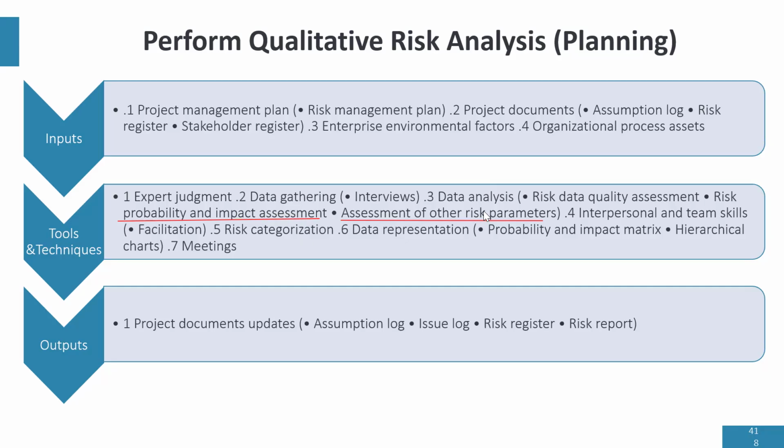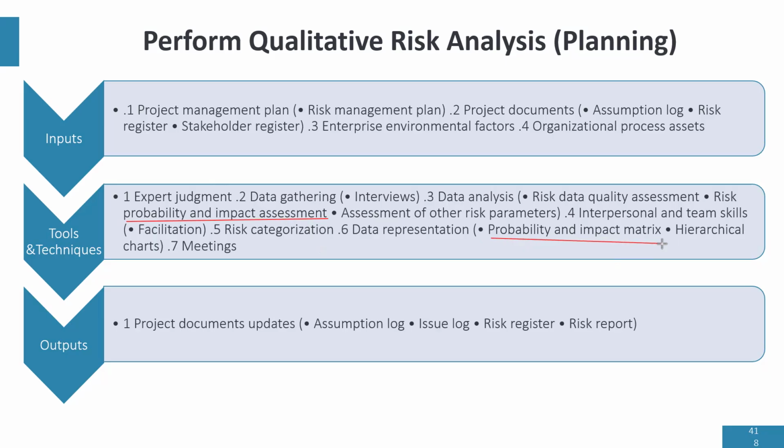So let's move on. Then we can also look at risk categorization. This is where we categorize risks under similar groups; once the risks can be categorized together, we can do risk categorization. And then the probability and impact matrix. Let me say the most important tools and techniques in perform qualitative risk analysis are probability and impact assessment and the probability and impact matrix.